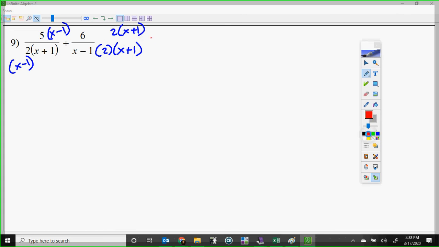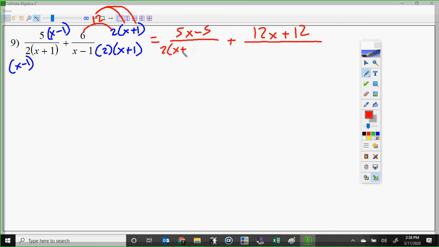Well, if I multiply those together, the top of the left becomes 5x minus 5 plus 2 times 6 is 12, so those two make 12, and if I distribute my 12, 12x plus 12. So I end up with 2x plus 1, x minus 1.